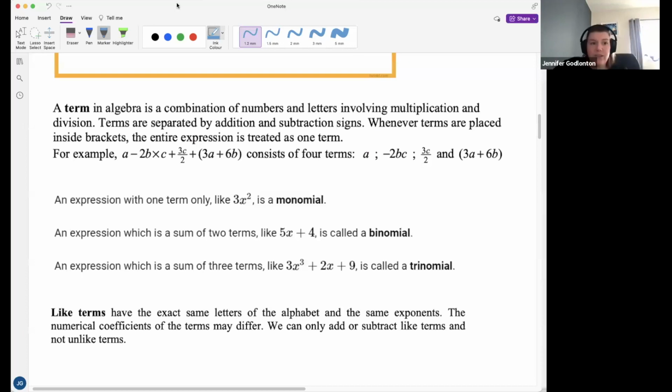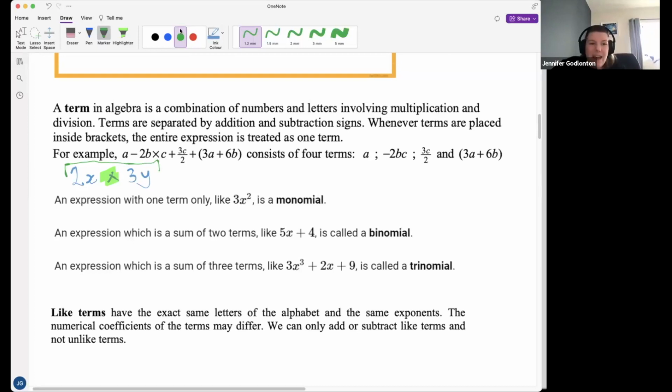So I'm just going to give you an idea over here. If I had 2x times 3y, because I have a multiplication sign, that actually means this whole thing is going to be one term. That multiplication sign is joining them together like glue.